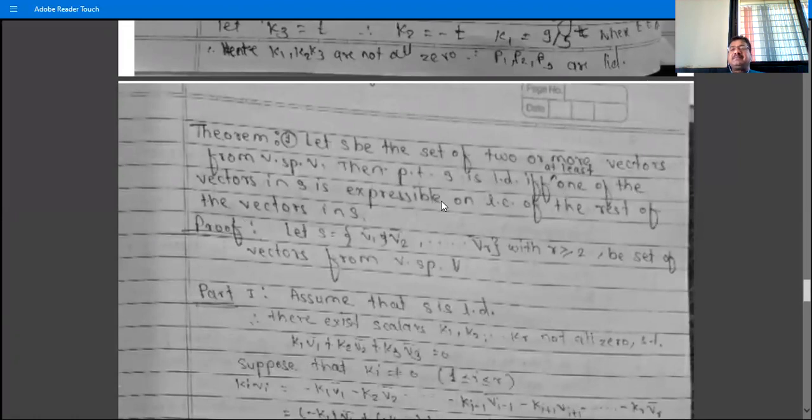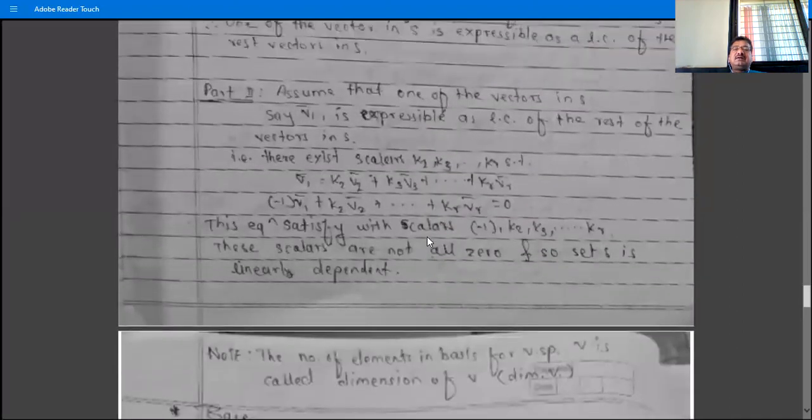When the set S is linearly independent, no vector in S is a linear combination of the rest of the vectors in S. So this is the theorem.